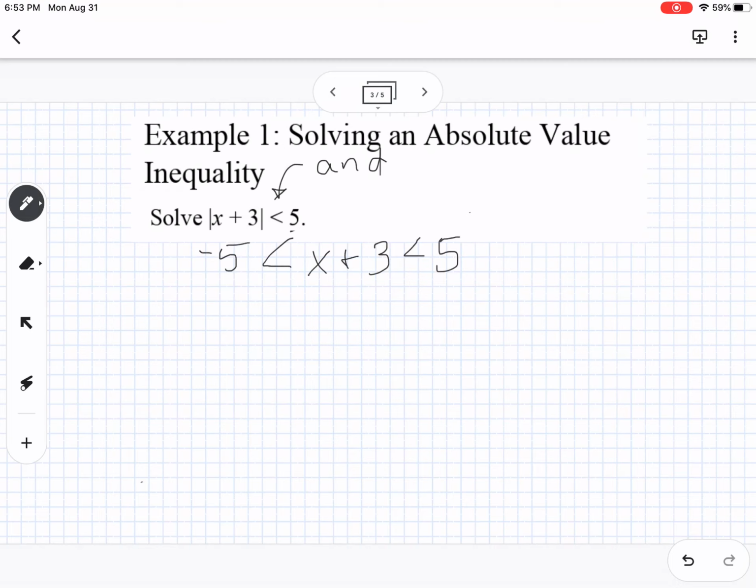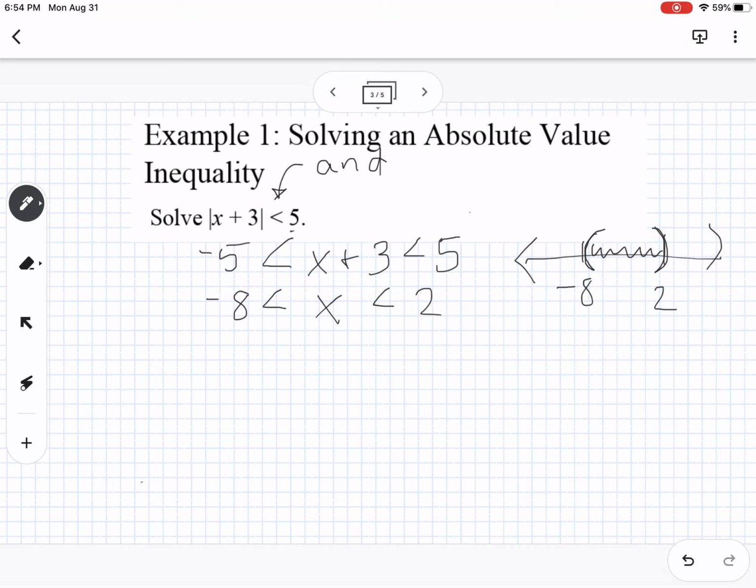So we subtract 3 from all parts and we get negative 8 is less than x is less than 2. So then if I were to graph this, we have negative 8, we have 2. These are going to be curved brackets because it's not or equal to, and it's shaded in between. Okay, so that's an and.